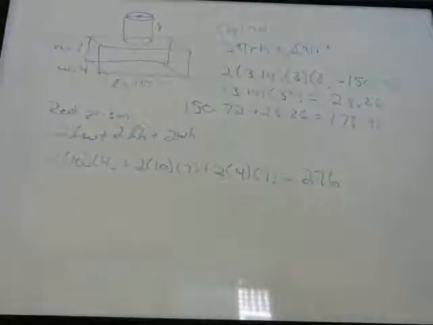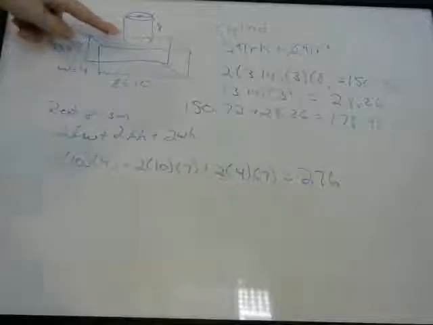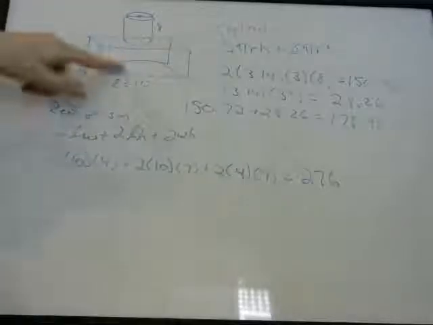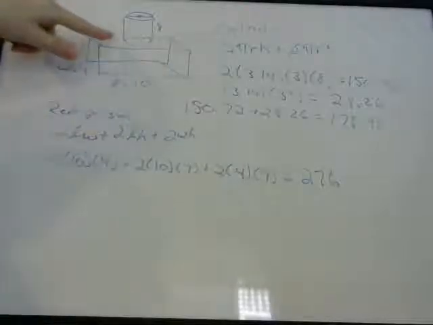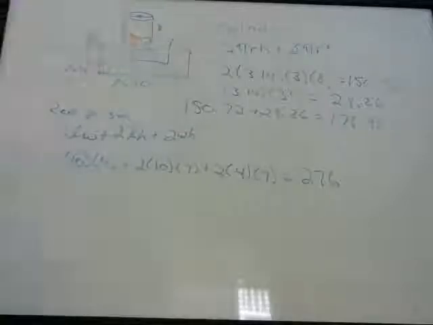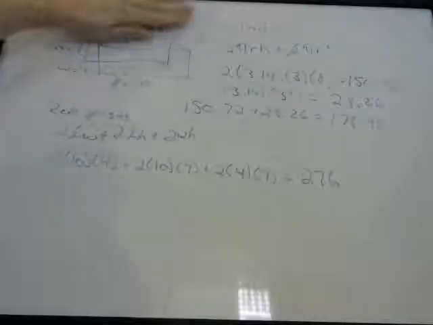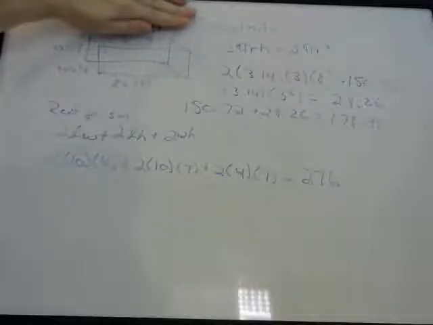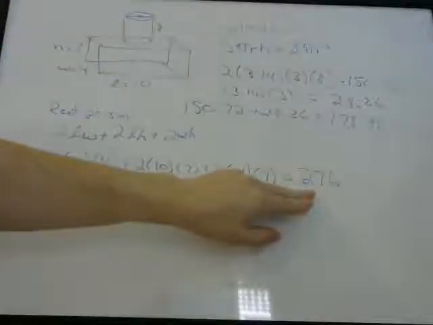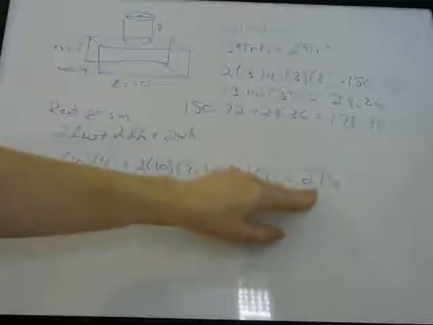Now, again, we could have done this by only finding one and then finding the other where we subtract this out. But I decided just to find the whole rectangular prism, or box, on the bottom. We now have the total surface area of that. If we were going to paint the whole box, every part of it, it would be 276.